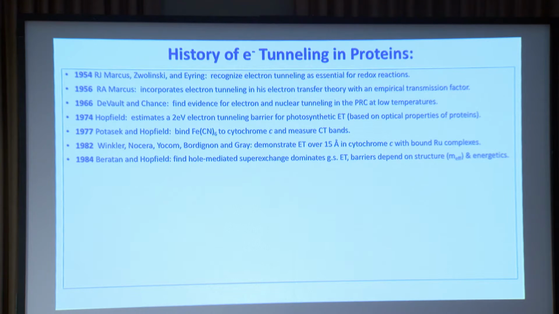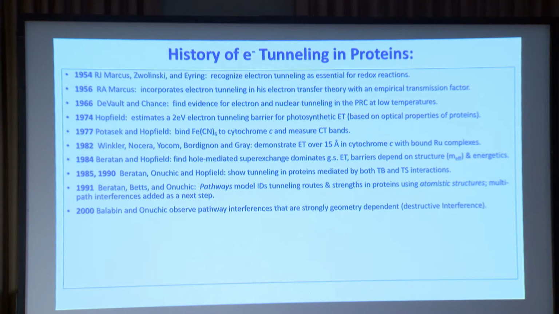So we figured out that the mechanism was hole-mediated superexchange, that these redox states are closer to the bonding orbitals than the anti-bonding orbitals in most proteins. And then, as Jose described very well, explored the through-bond and through-space mediations as well as multi-pathway effects that came later.